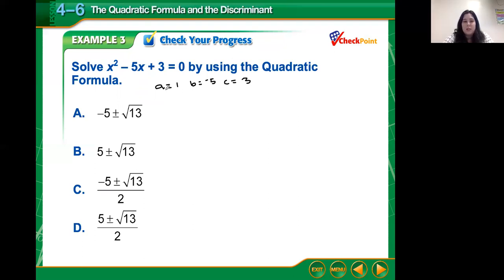It just so happens all these examples so far have been. So we're going to plug this into our formula. x equals negative b, so negative 5, plus or minus the square root of b squared, so negative 5 squared, minus 4 times a times c.